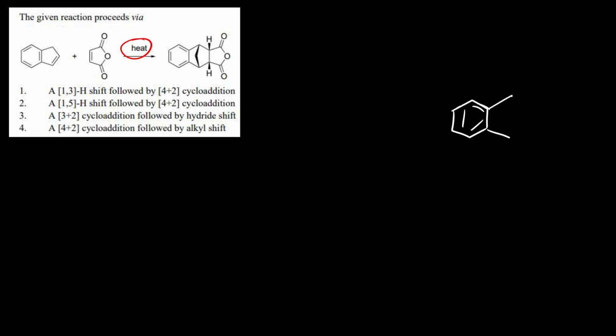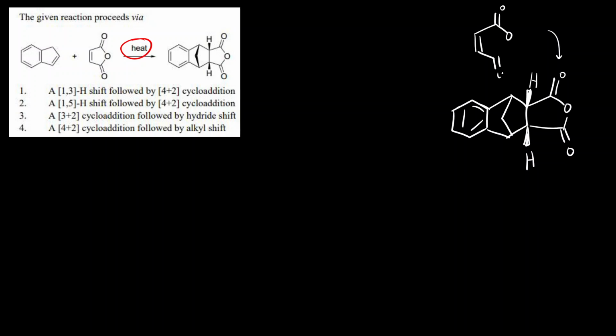Here we have a CH2 bridge, a methylene bridge, then a hydrogen above the plane. So you can see this part would have come from this anhydride that they've given.